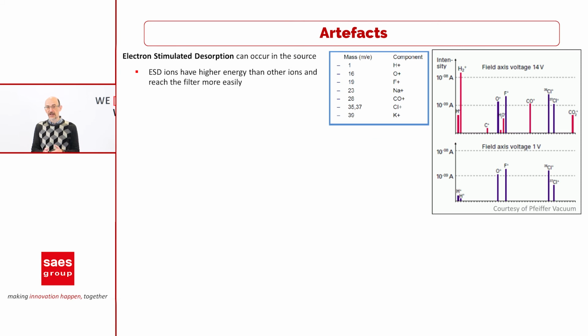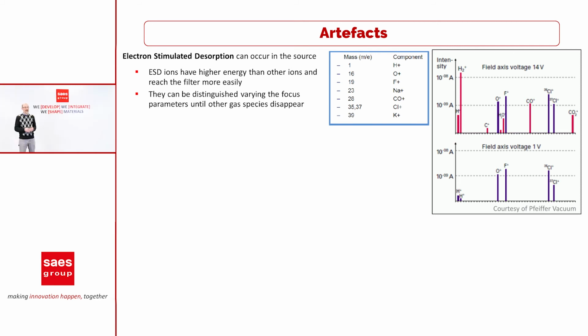It is possible to vary the focus parameters until other ions coming from the background gases disappear, as you can see in the example. In this way, you can distinguish these artifacts.